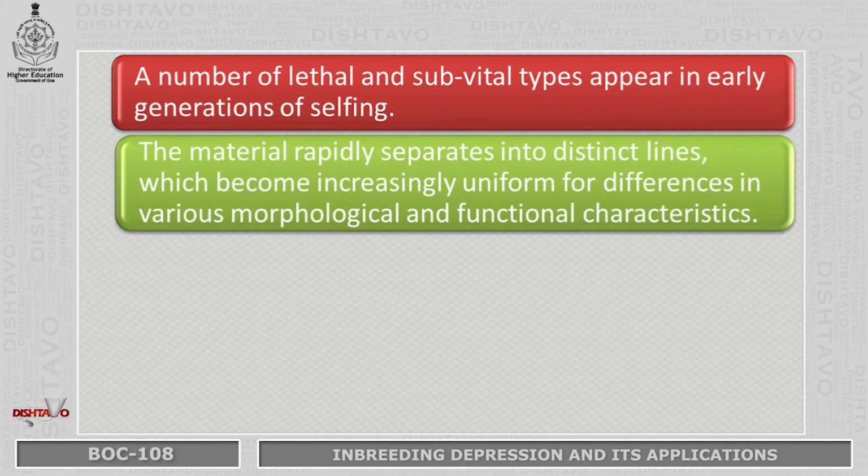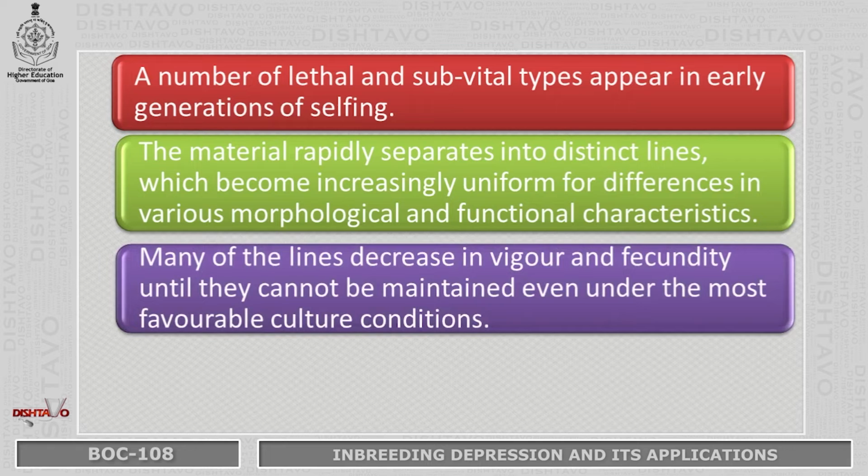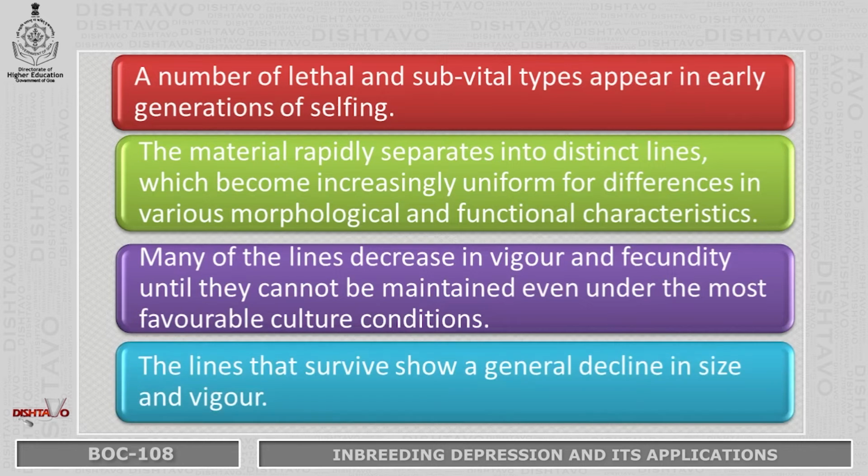The material rapidly separates into distinct lines which become increasingly uniform for differences in various morphological and functional characteristics. Many of the lines decrease in vigor and fecundity until they cannot be maintained even under the most favorable culture conditions. Lastly, the lines that survive show a general decline in size and vigor.